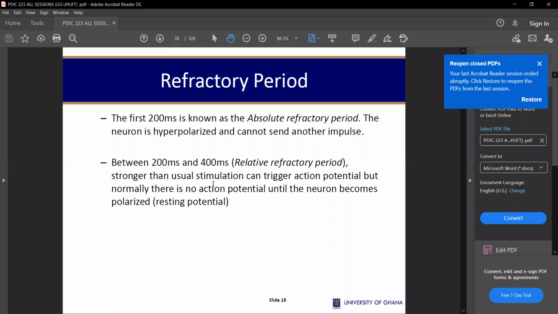So for action potential to take place, it means that a whole lot of issues happen. So for instance, the person is seriously laughing. You are in the happy mood. At that period, you are in an action potential state. So with time, what happens?